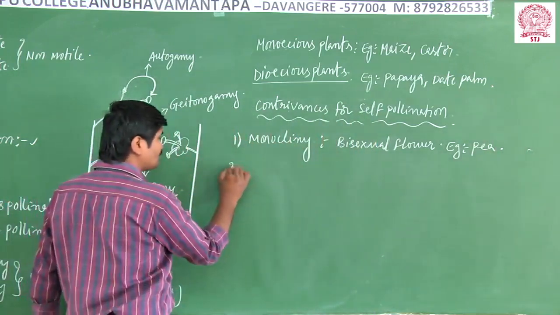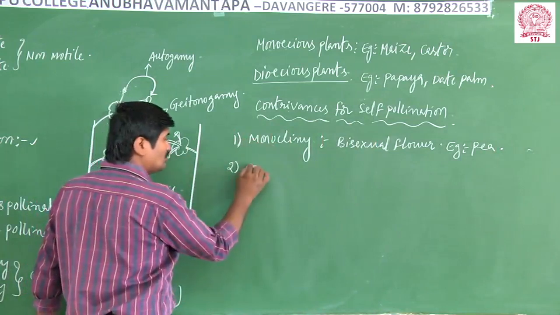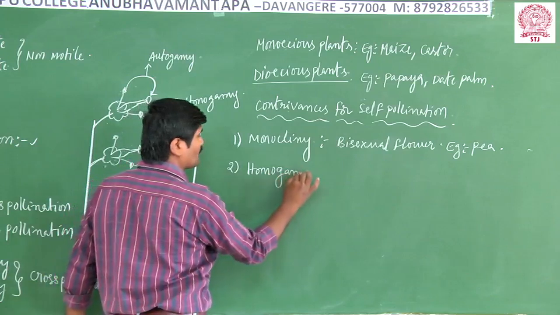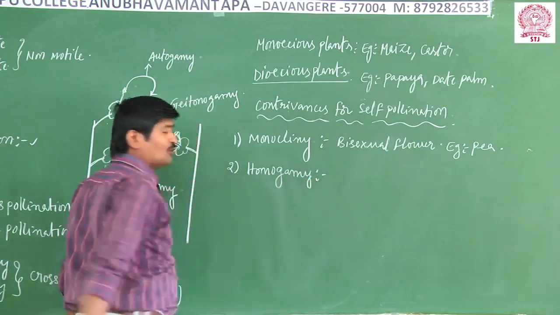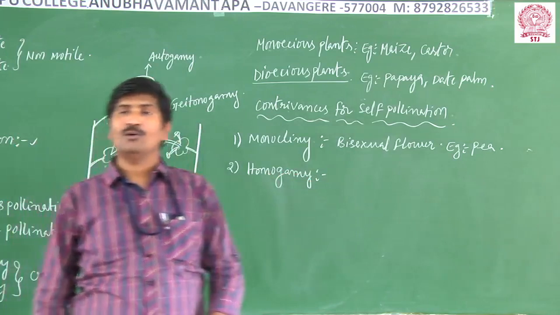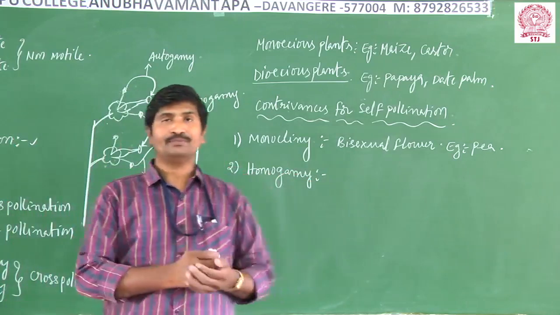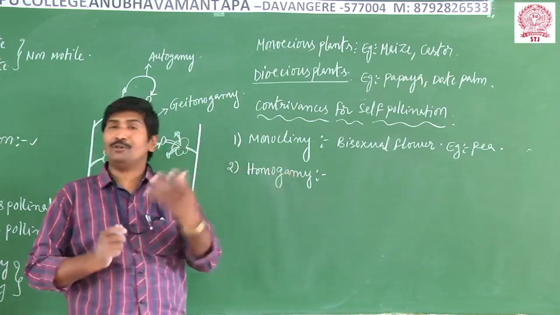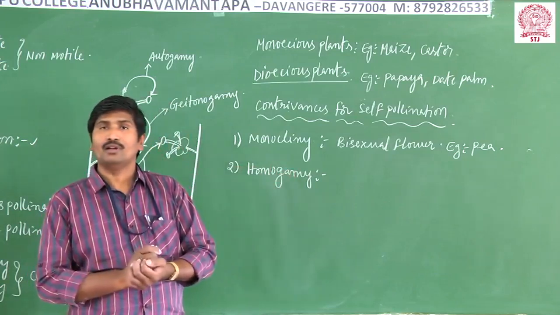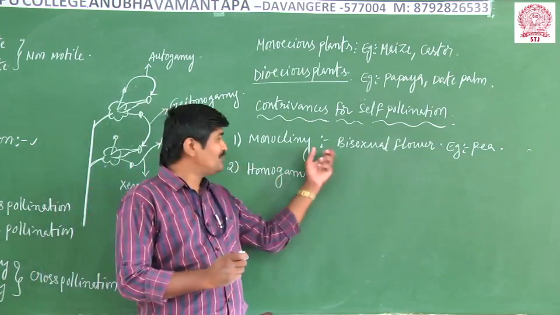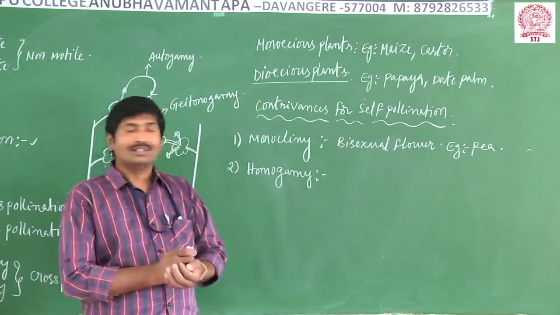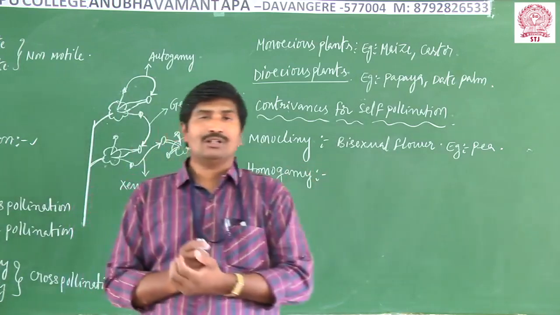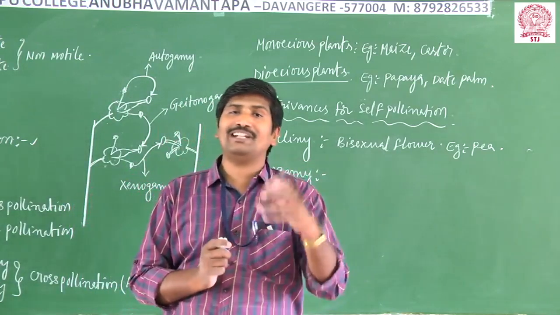Next one, homogamy. What is homogamy? Homo means same. Gamy, maturity. In bisexual flowers, the male and female reproductive structures mature at a time. Otherwise, if they mature at different times, self-pollination is not possible.